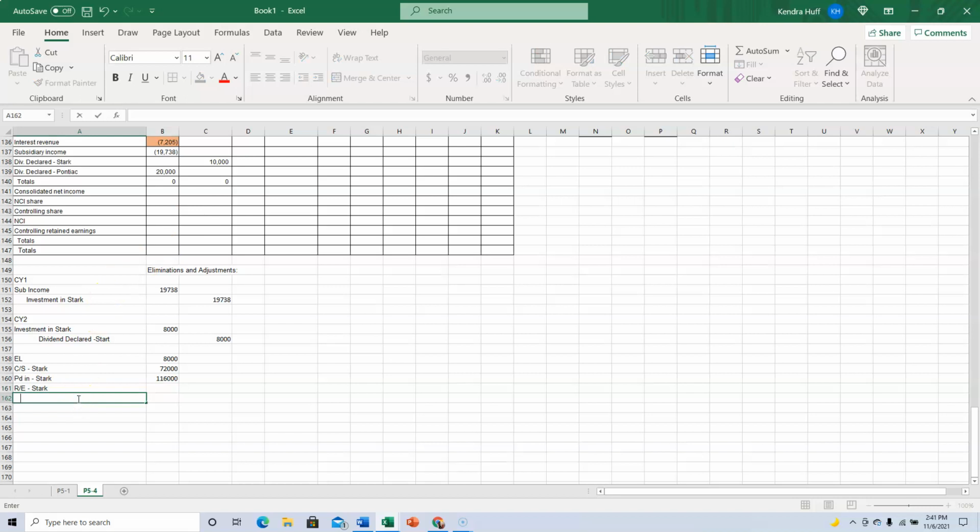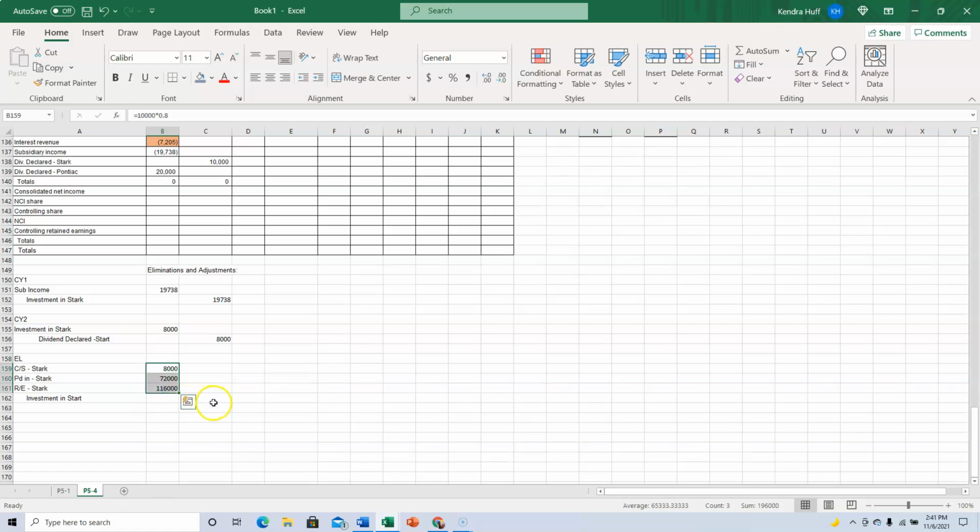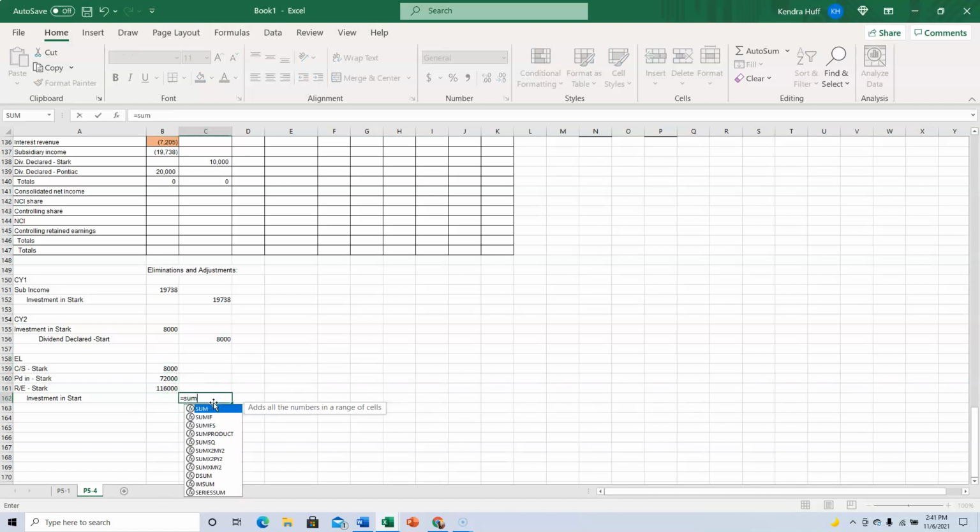Alright, and the offset is investment in Stark. I'm having very good luck today with things. Thumbs up.